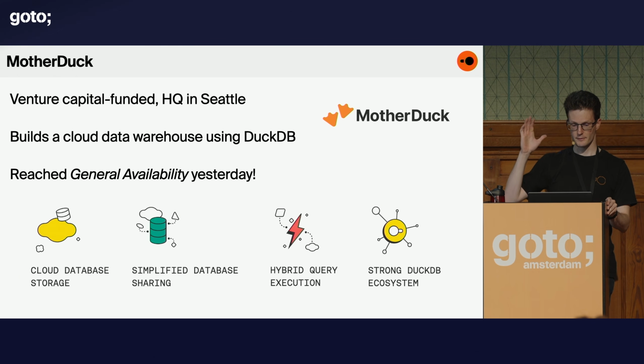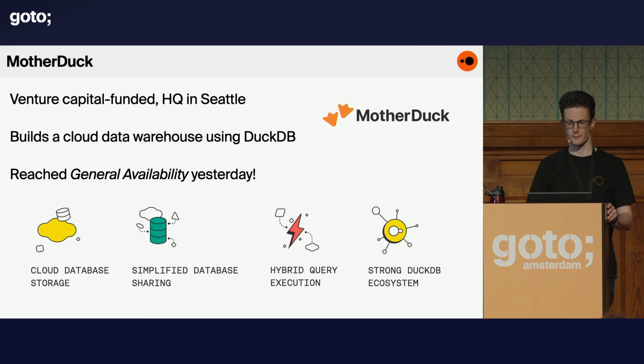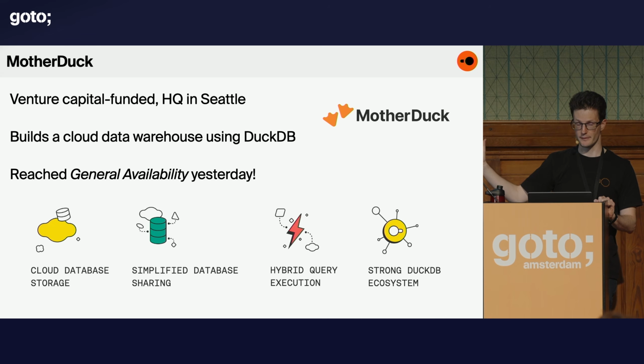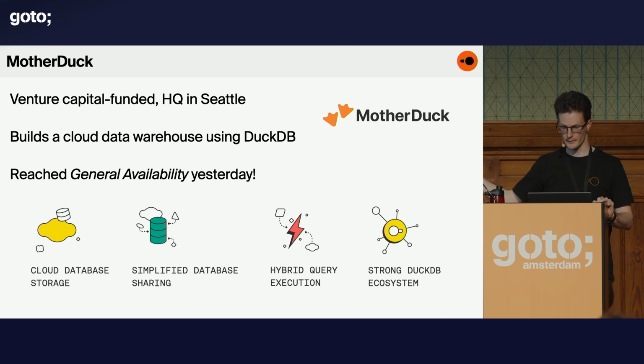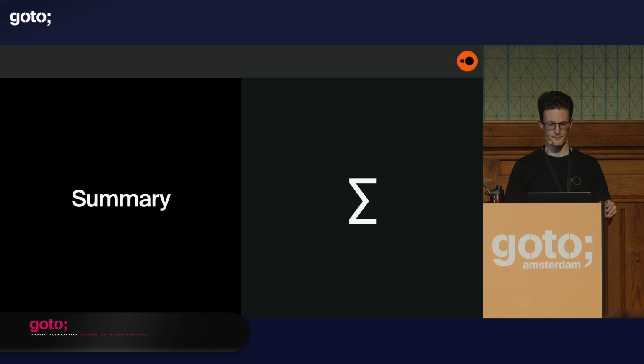And MotherDuck do a cloud version of DuckDB with many interesting ideas, such as hybrid query execution, where part of the query runs on your laptop and the other part runs on the server. So MotherDuck just reached general availability yesterday, so they went to the open market, and we hope it's going to work out really well for them. They have a really nice product with quite interesting ideas and very strong ties to the DuckDB ecosystem.